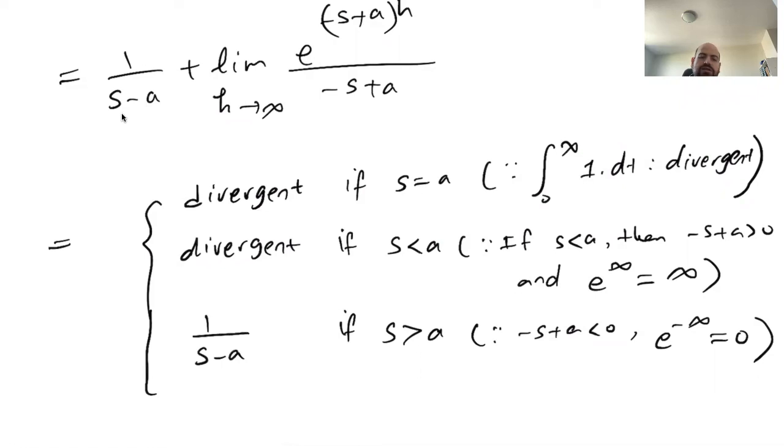The other term will be e to the power minus infinity, which is 0, and 0 over something is 0. Then 0 plus 1 over s minus a is 1 over s minus a. So the answer will be 1 over s minus a if s is bigger than a.